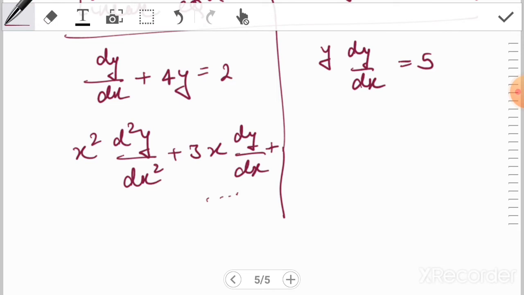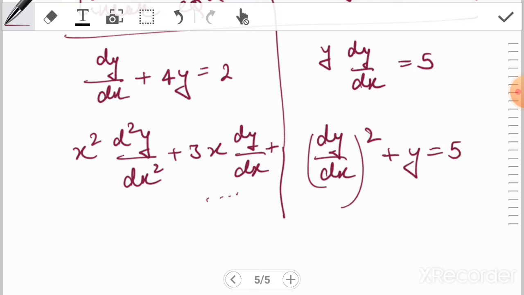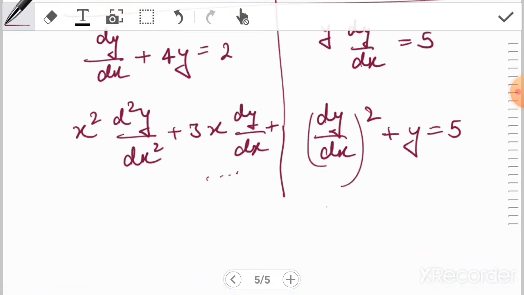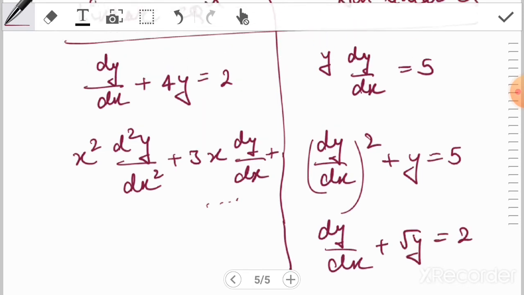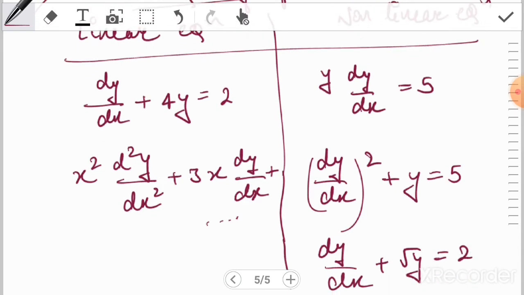Similarly, for non-linear, if we have the power of derivative, degree of derivative, then this is non-linear, or we can have dy by dx plus root under y. This is again non-linear.